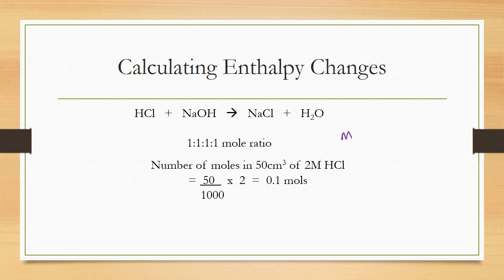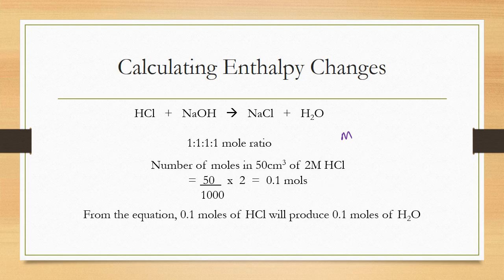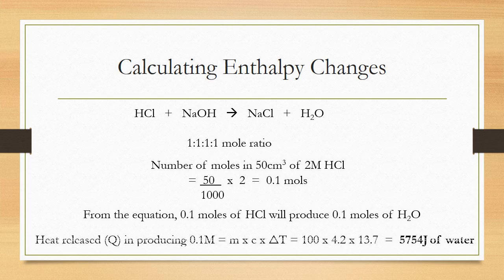So far, so good. So from the equation, 0.1 moles of HCl will produce 0.1 moles of water. Okay, so water's being created. So that's why we can use, hopefully, the 4.2 number for our specific heat capacity of water again.